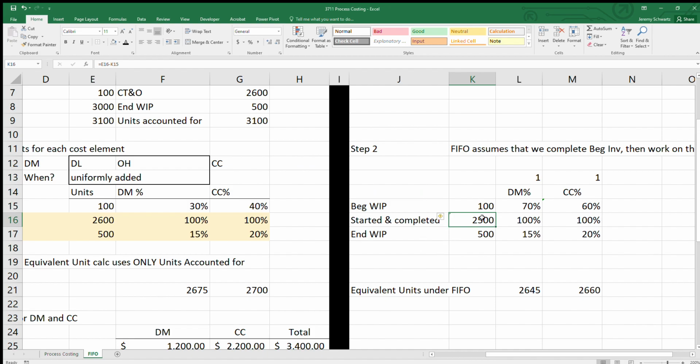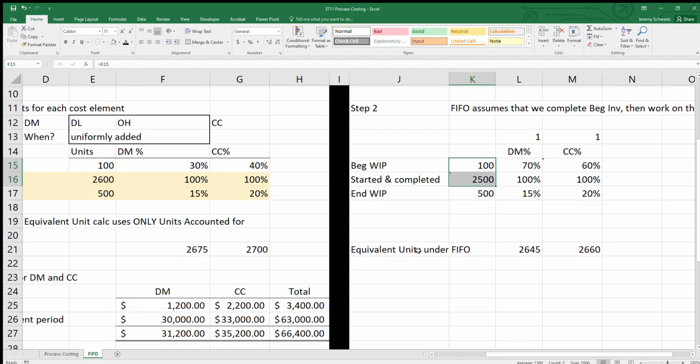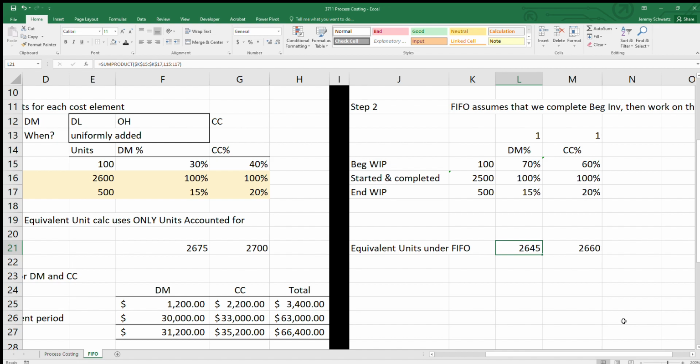But really, we want to make sure that we have 2,600 that have been completed, 100 were completed from the beginning inventory, and then the remainder were started in this period and finished in this period. Now, you'll note that the equivalent units are a little bit lower here, and the reason is that when we're doing the allocation, we're doing the allocation only for the units that were being included in terms of production this period.